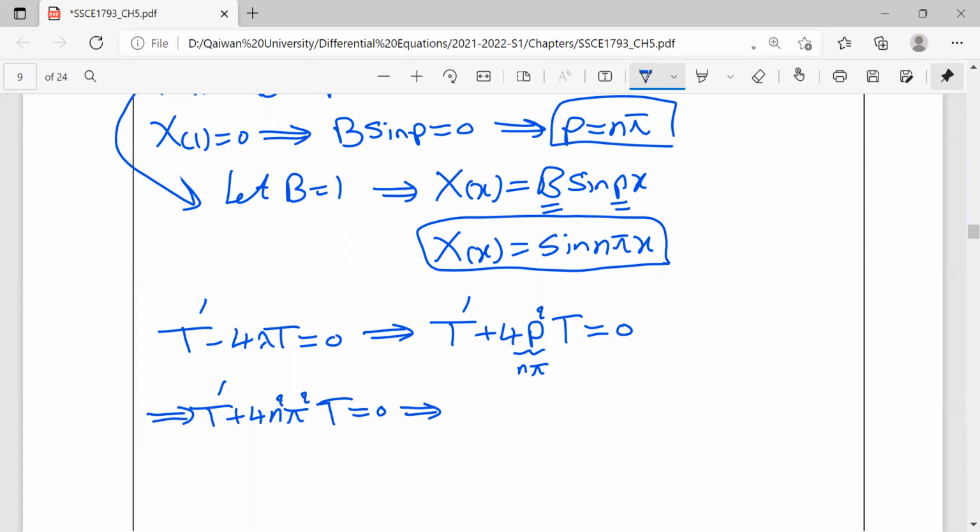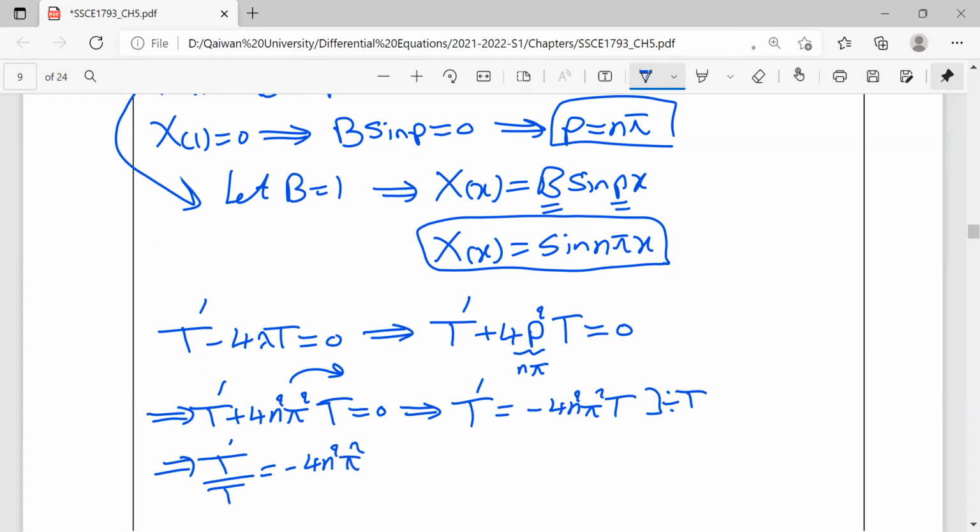We put t with t prime and the other terms together. We get t prime equals minus 4 n squared pi squared t. We divide both sides by capital T, and we get t prime over t equals minus 4 n squared pi squared.